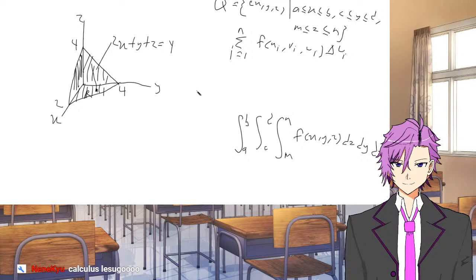We have to integrate this: 6xy dV. So now, since we have the tetrahedron here, let's try to take out one plane, the ones that I shaded around here.